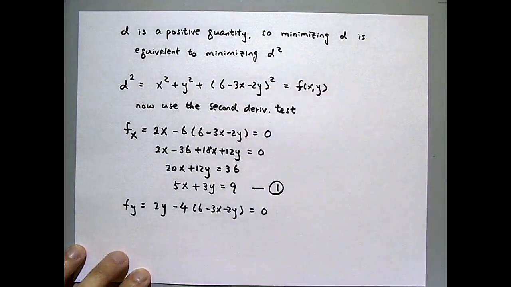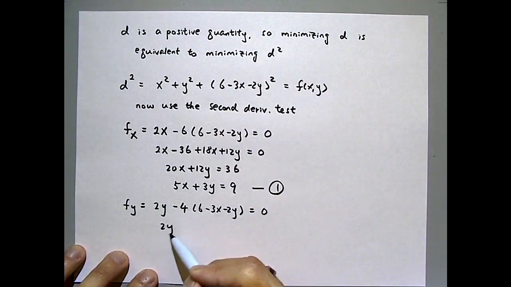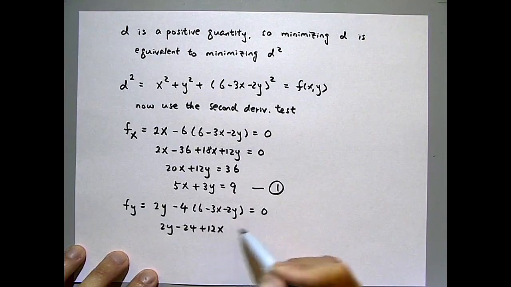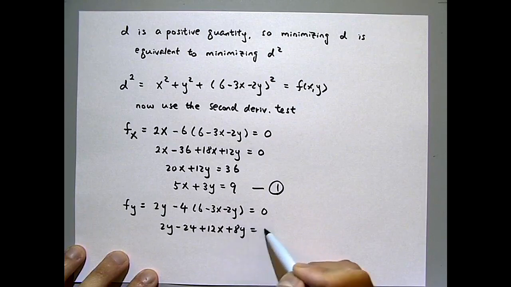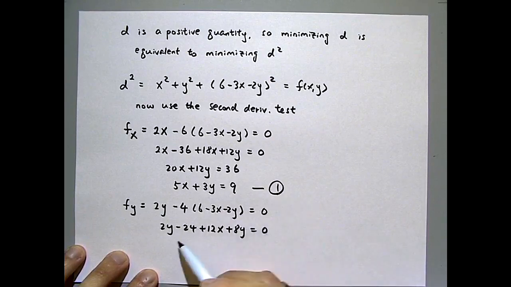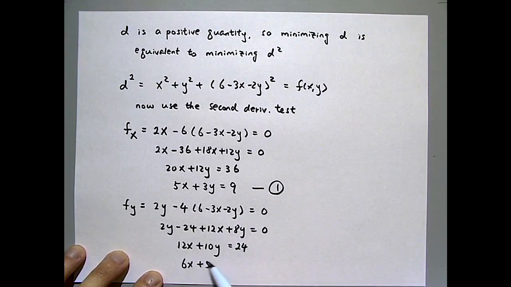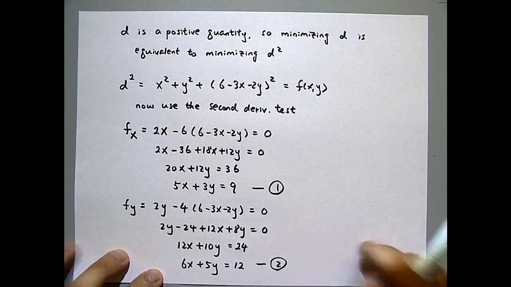So just keep doing the same thing, a little bit of algebra. 2y minus 24 plus 12x plus 8y equal to 0. 12x plus 10y is equal to 24. Reducible by 2. So that's equation 2.